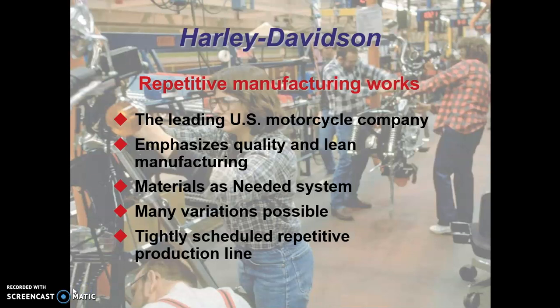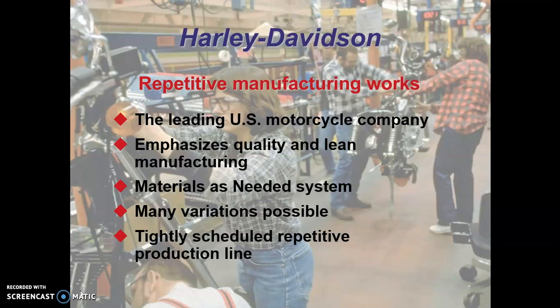This is an example of what Harley-Davidson does or implements. The process is repetitive manufacturing, whereby when talking about repetitive, we have modules. A module is a small component that we combine together to create one complete product.